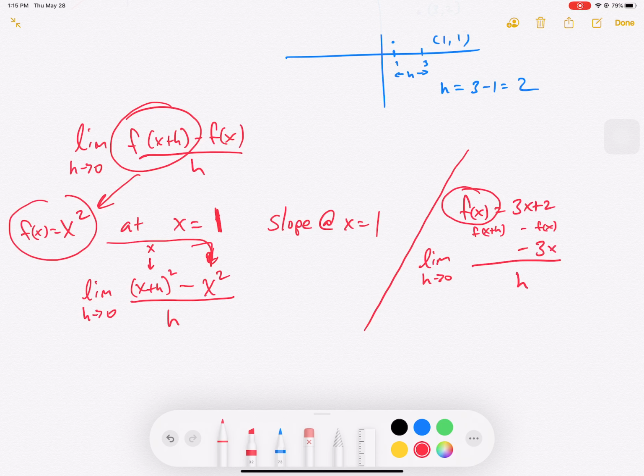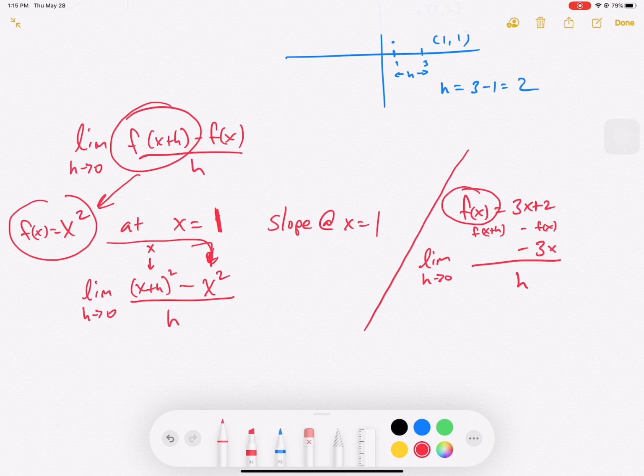Does not change. And the front gets the upgraded version. It gets the x plus h version. Take a moment and look at what I did here. The front equation and the back equation are exactly the same, except whenever I have a variable x, I have to plug in the new version, the x plus h version. Let's do this one more time.